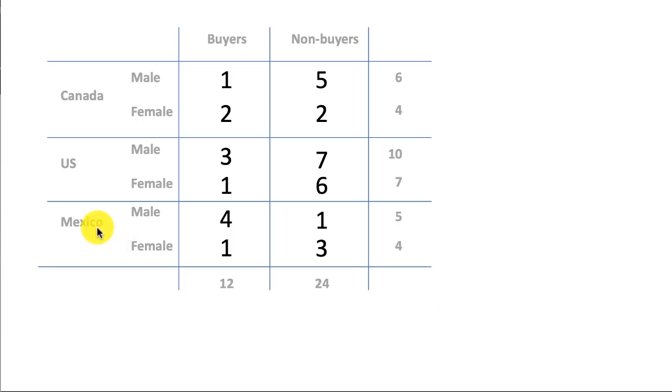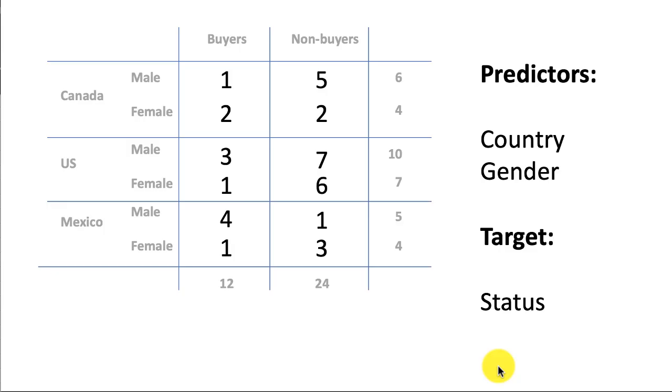So now we can think of the country and the gender as predictor attributes and the status, buyer or non-buyer, as the target attribute. The predictors are country and gender. The target is status. So given a value for country and gender, we can calculate the probability of somebody being a buyer or non-buyer.